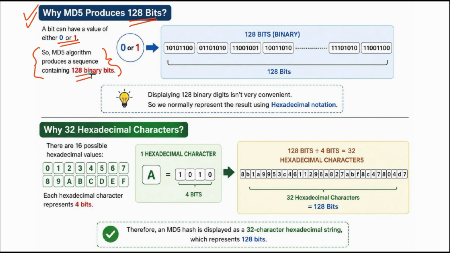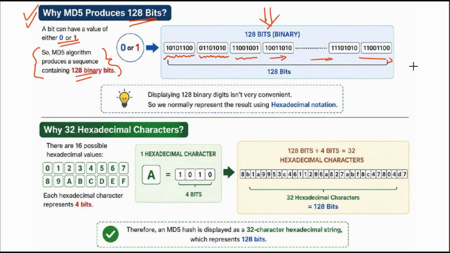For example, conceptually, it could look like something. Here in the diagram, you can see that we have binary bits represented as 1010, 1100, 0111010 and so on. And this will continue until we have a total of 128 bits.